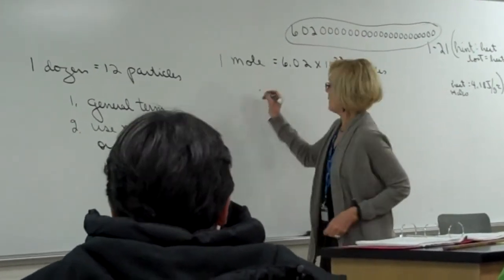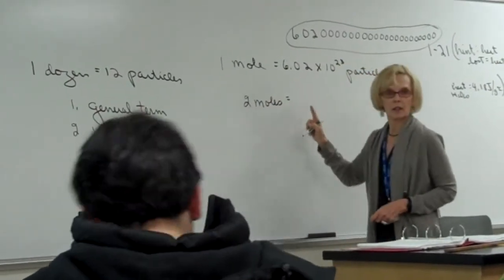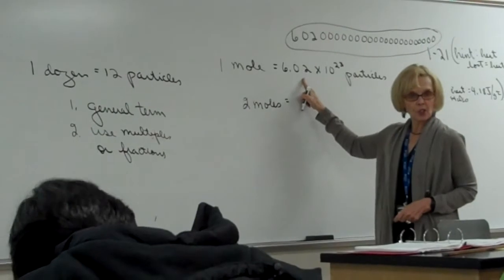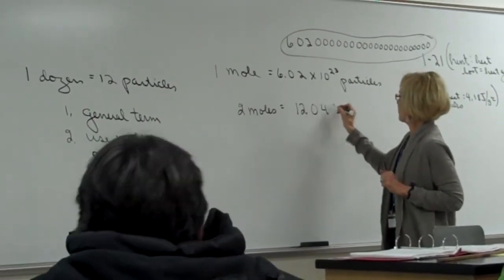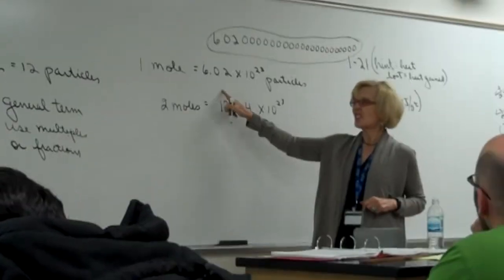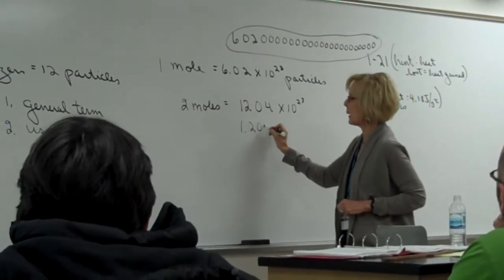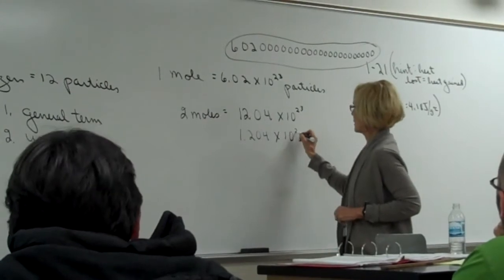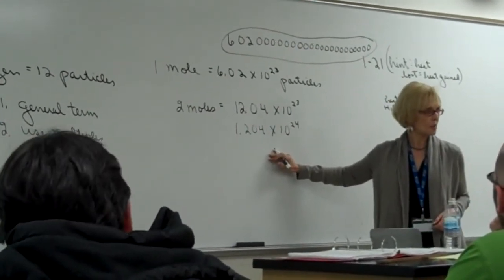I can say I have 2 moles today, and I would multiply this by 2. Now this is not good form. It's not good form because I just did this in my head, and I can do it in my head this way, but then I would clean it up. It'd be this. So that'd be 2 moles, right?